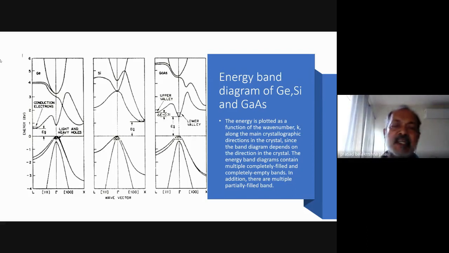And similarly, gallium phosphide is very widely used for making cheap LEDs, like the yellow, red, and green LEDs you see. They are mostly made of gallium phosphide. Gallium phosphide is an indirect band gap semiconductor.